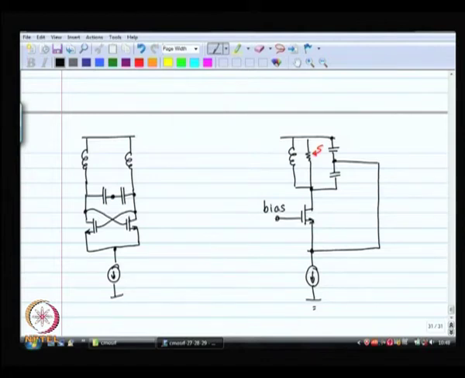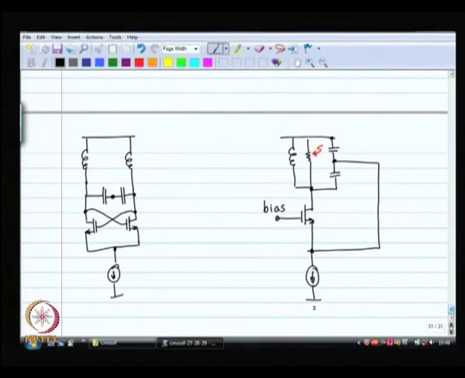So, this is more or less the topology of a Colpitts oscillator. I have got a tank and I take out a fraction of the voltage on the capacitor and feed it back to the source.